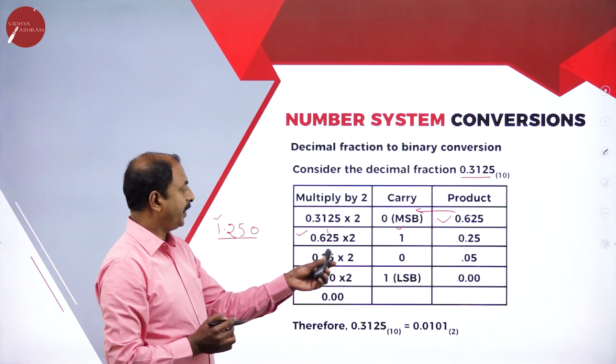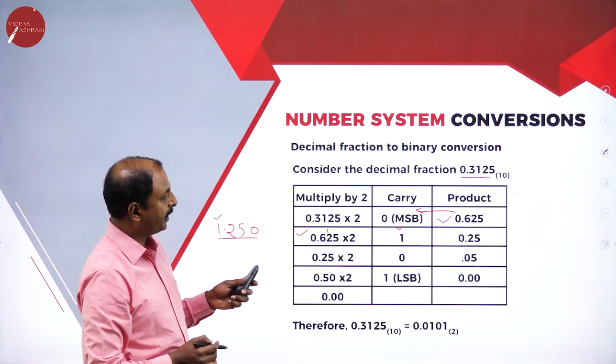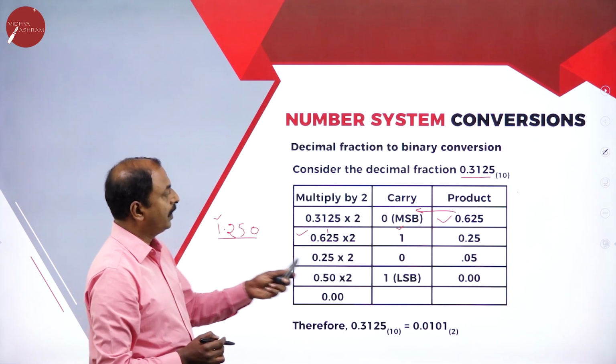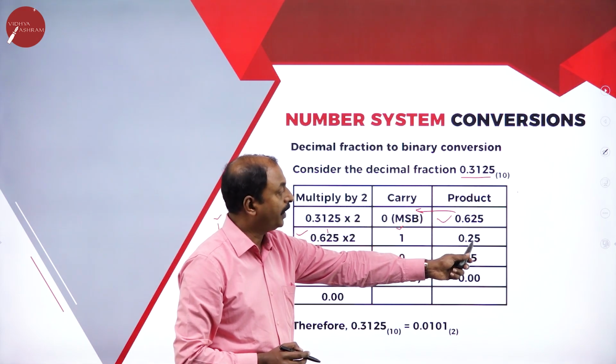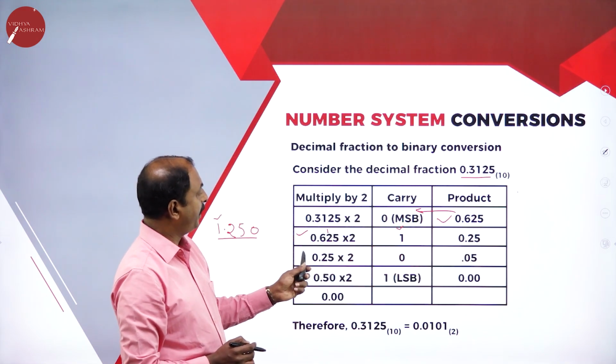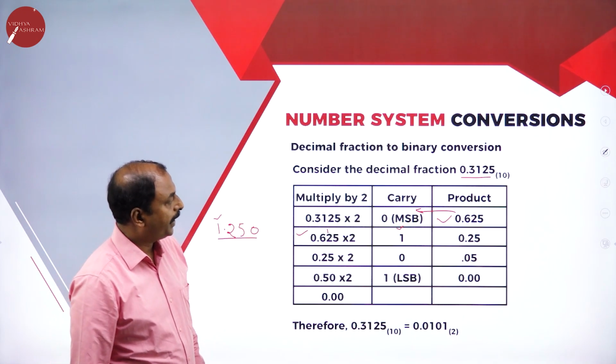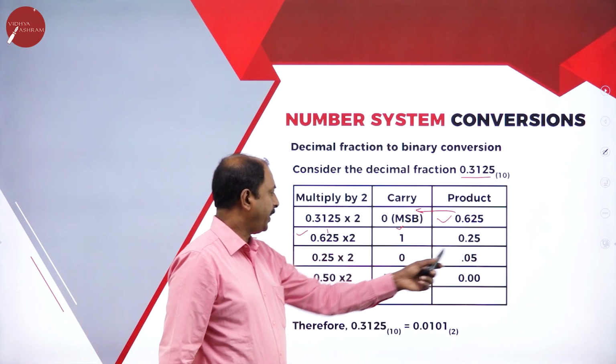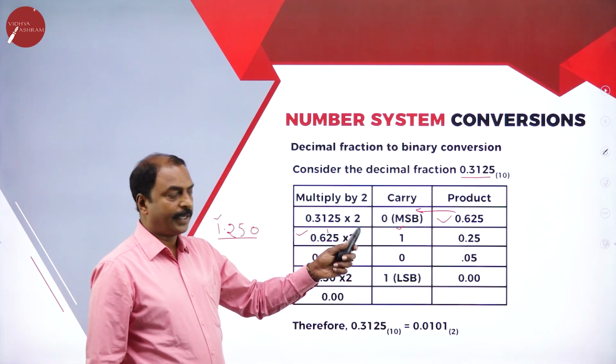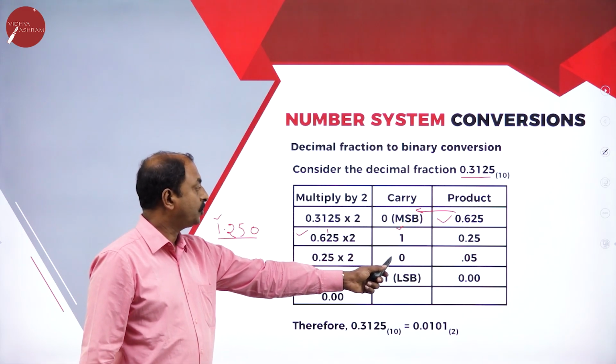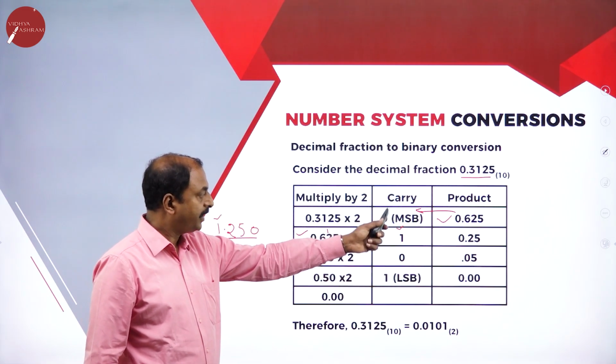Similarly, we have to multiply only 0.25 by 2. When you multiply 0.25 by 2, you get 0.50, and we store 0 as a carry.